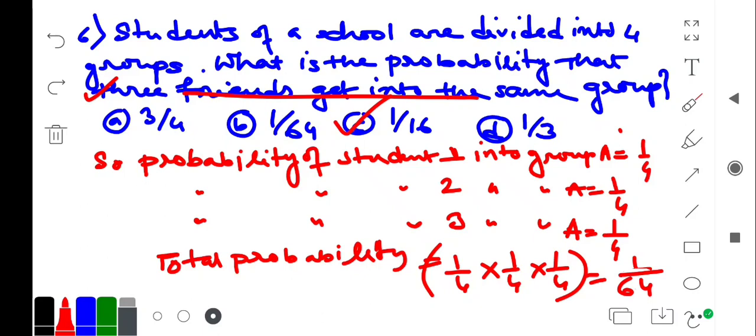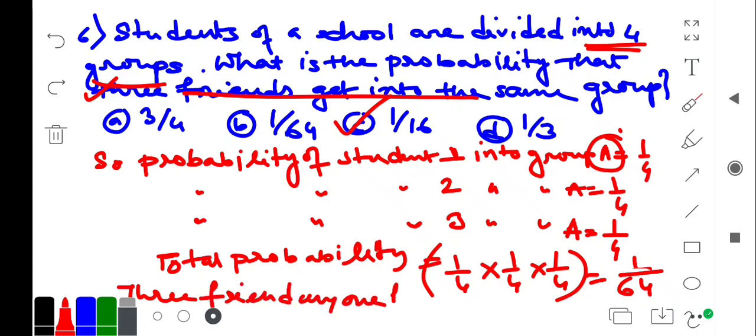Suppose there must be divided into 4 groups. There are 4 groups given. This is A group. So 3 friends in any one of the 4 groups is equal to 4 into 1 by 64, that is ultimately 1 by 16.